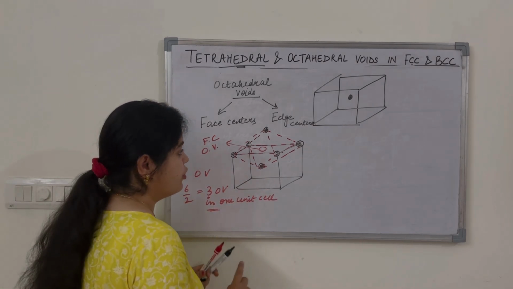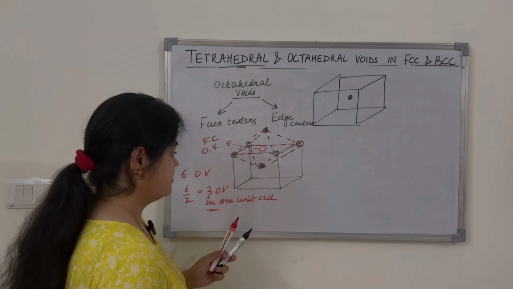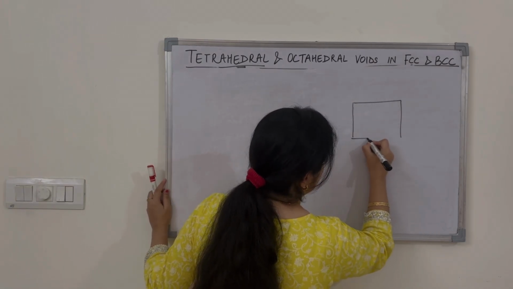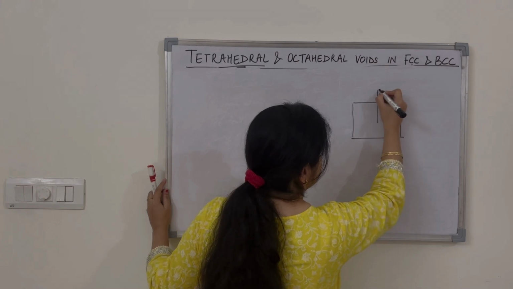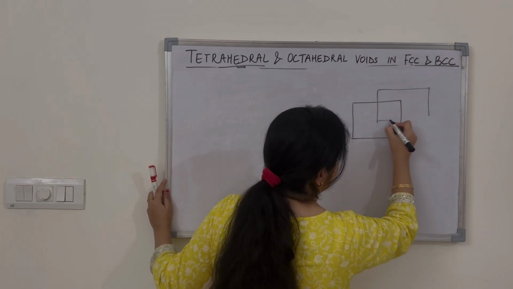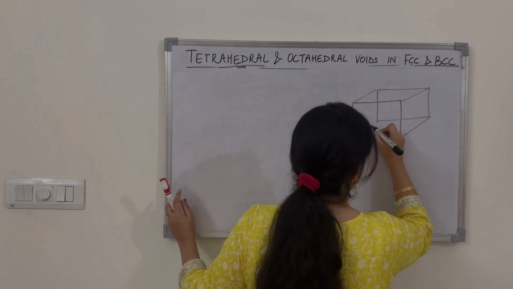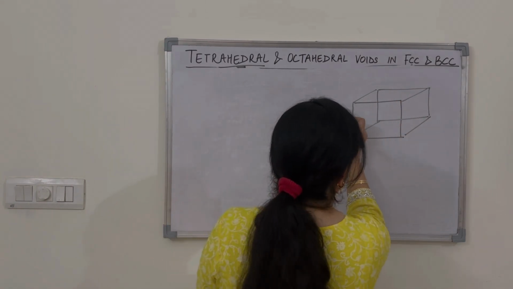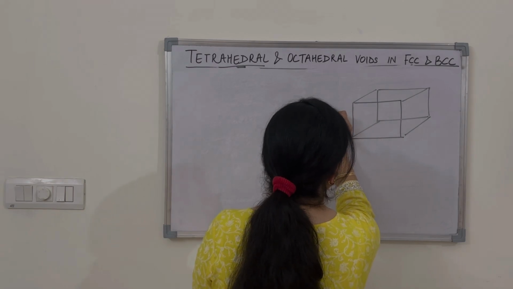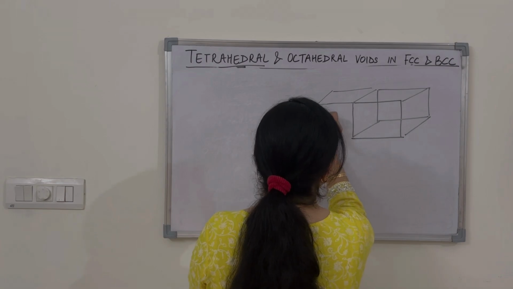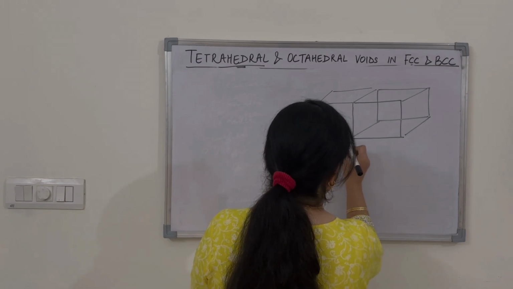Now we come to the voids which are on the edge centers. So let me draw 2 unit cells. This is one and another unit cell.